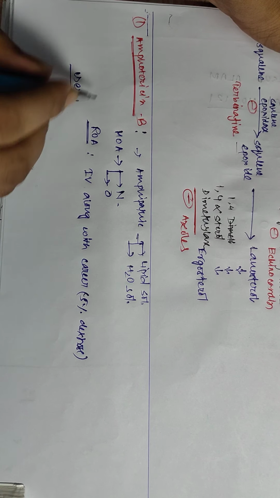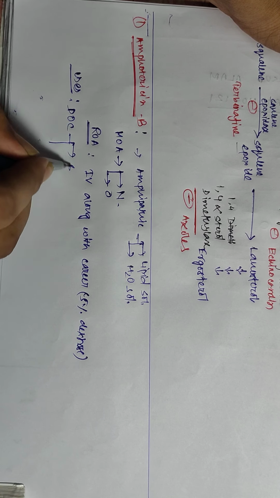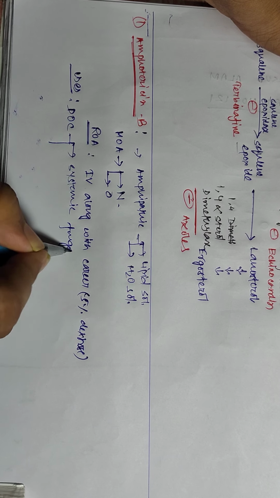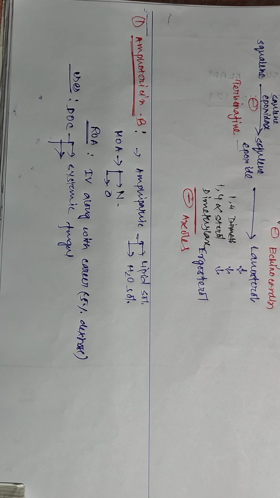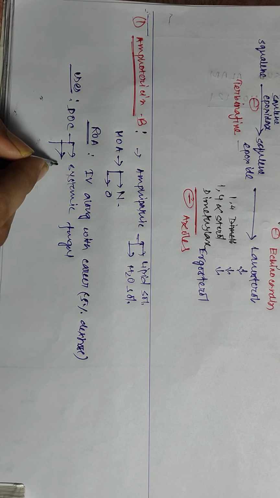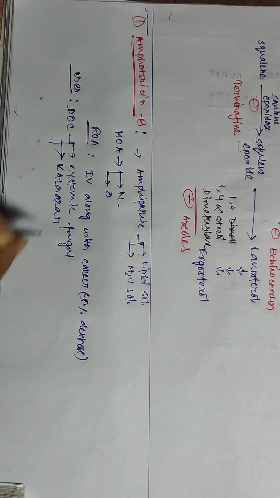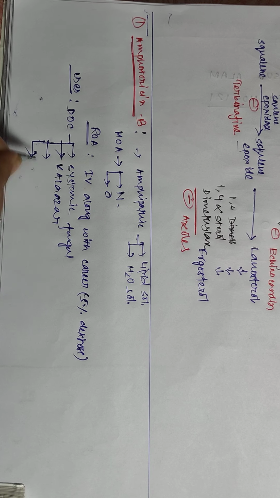This amphotericin B is the drug of choice for systemic fungal infection. It is systemic, you have to know this. It is not like topical. For topical we should use other drugs, but if it is a systemic fungal infection, the drug of choice is amphotericin B. It is also given in COVID cases, where liposomal amphotericin B is given.